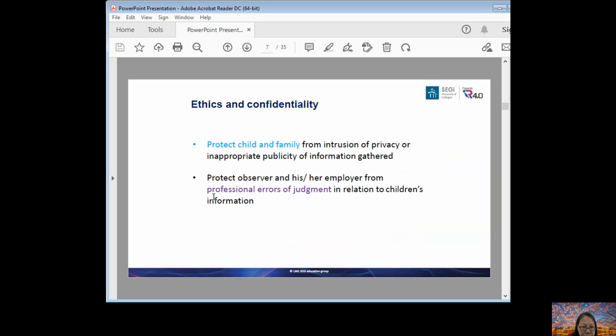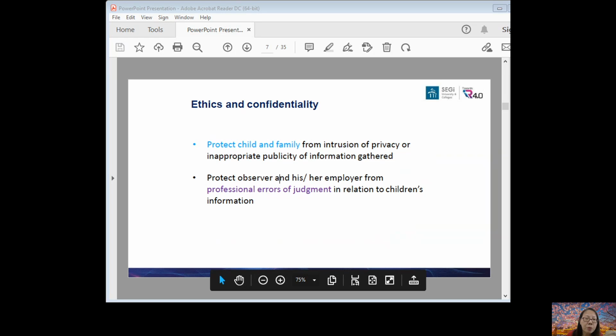Protect observer and his or her employer from professional errors of judgment in relation to the children's information. Now, just now we talked about no intrusion. Don't let the children or the parents feel that we are intruding. No intrusion and no publicity. We don't let them feel that we're intruding into what to them is very personal and private.